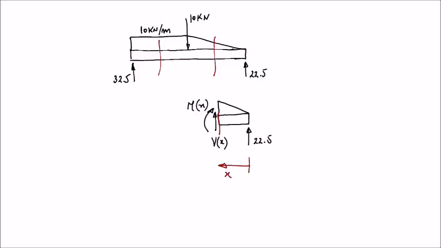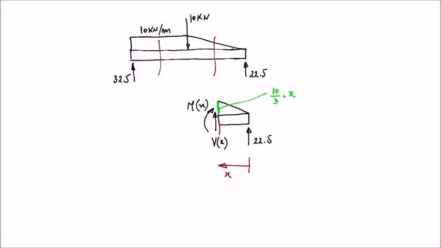So we need to get this height here, and this height here is given by this equation 10 over 3 times local variable x.